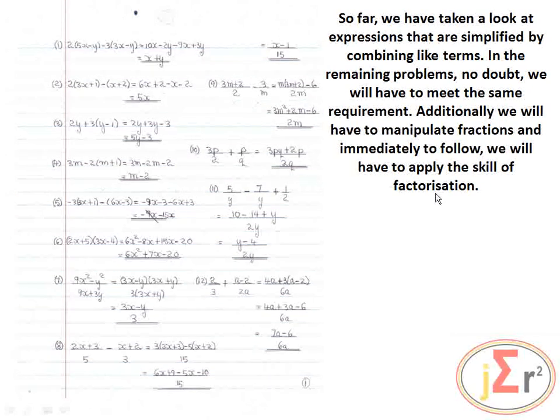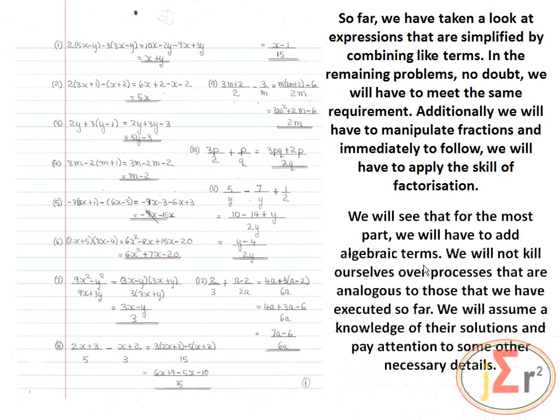So immediately, that means the one that we will be solving next will require factorization. We will see that for the most part, we will have to add algebraic terms, like we have done before. We will not kill ourselves over the processes that are analogous to those that we have executed so far. We will assume a knowledge of their solutions and pay attention to some other necessary details.